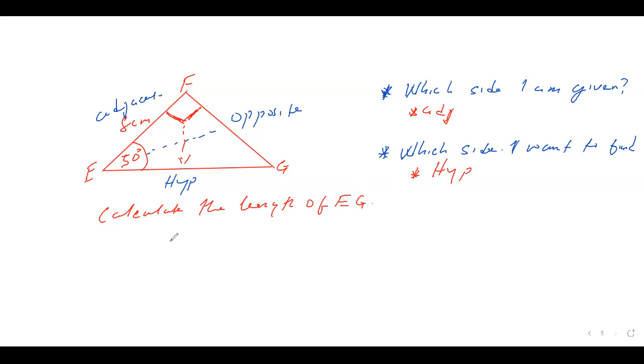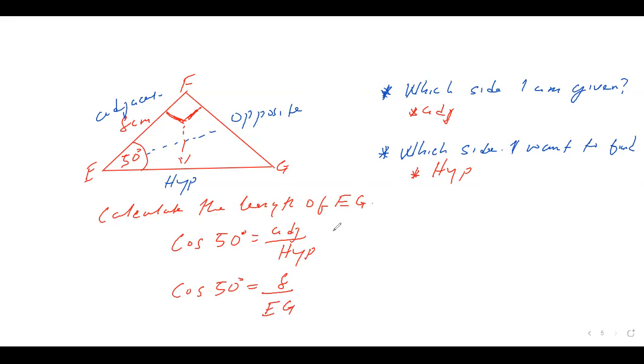Cos, right? So because cos 50 degrees is equal to adjacent over hypotenuse. Cos 50 degrees, my adjacent is 8 over hypotenuse, which is EG.